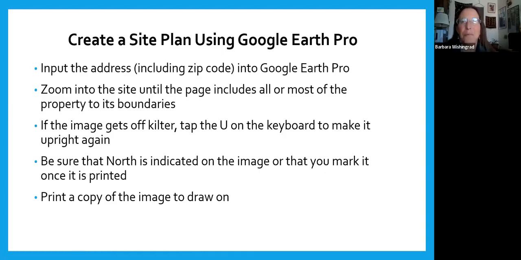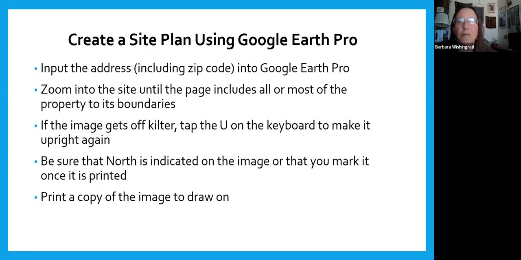And again, we have a lot of information that we're going to cover today, and we really are happy that you're going to get the PowerPoint afterwards so that you can review everything and do this on your own. There's another way of creating a site plan using Google Earth Pro, and Google Earth Pro is a free download.